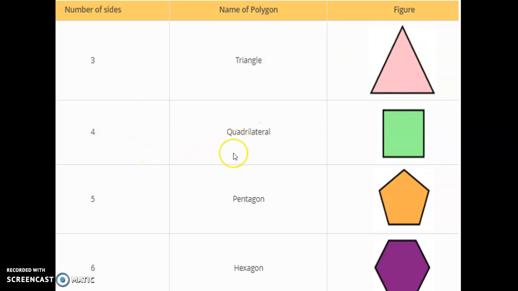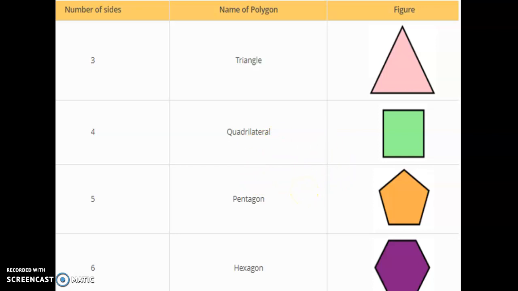Those 4-sided figures are called quadrilaterals. Some quadrilaterals are square and rectangle. Both have 4 sides. Even rhombus and parallelogram are all quadrilaterals. Why are they quadrilaterals? Because they have 4 sides. We are not worried about the angles.